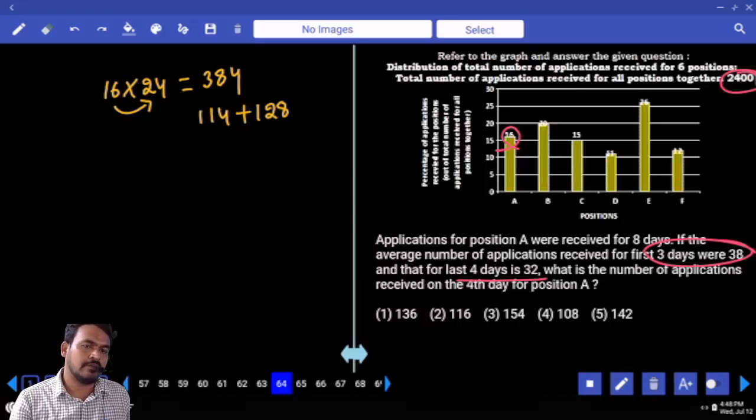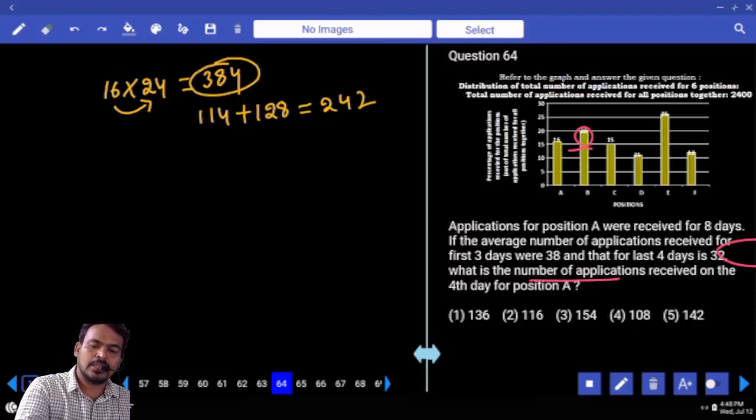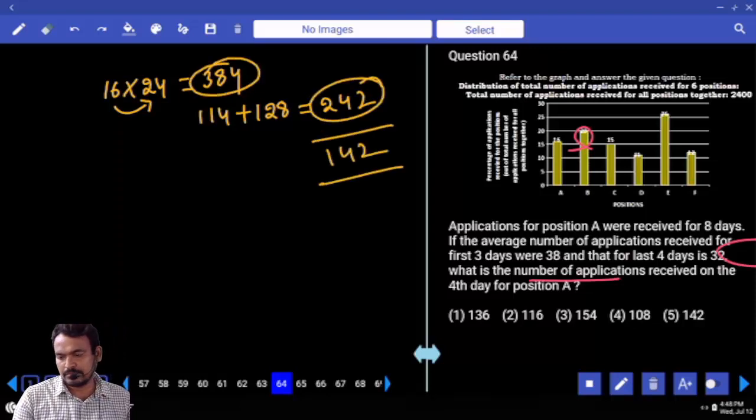Total it is 7 days. Out of 8 days we are subtracting 7 days, 114 plus 128. 242. One is 384, another one 242. What is the difference? 142.